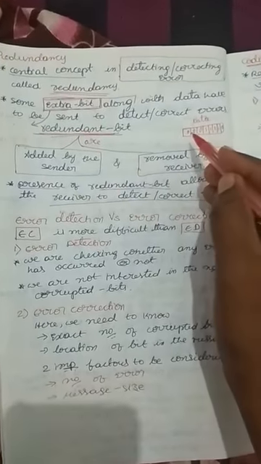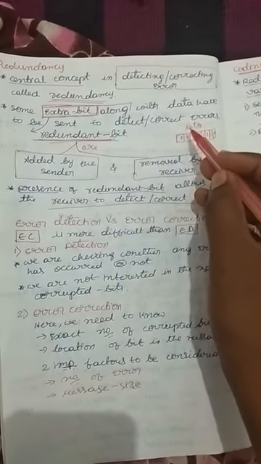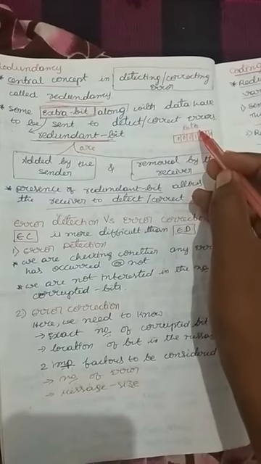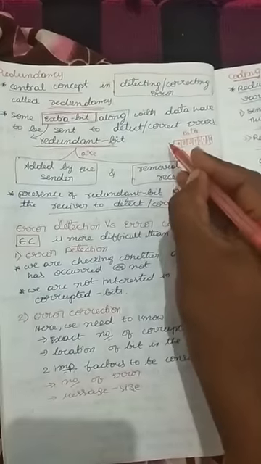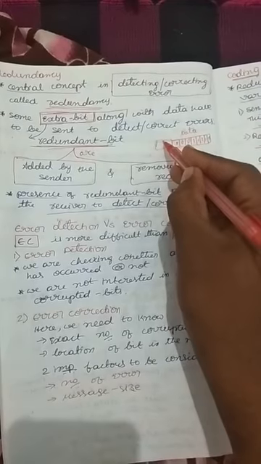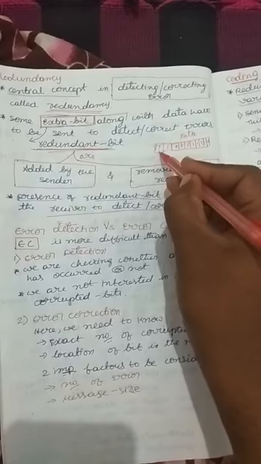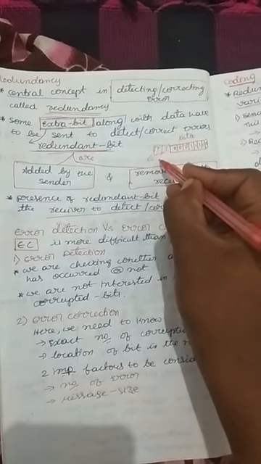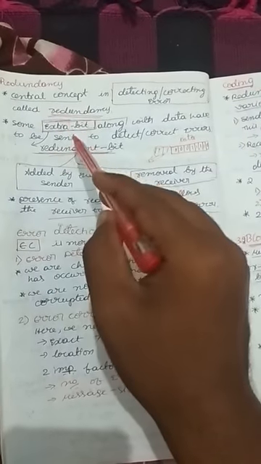Suppose this is the data to be sent. This is the data sent to correct or detect the error. Here I am going to add some more bits along with this data, 1 1. This 1 1 is called the redundancy bits, some extra bits.